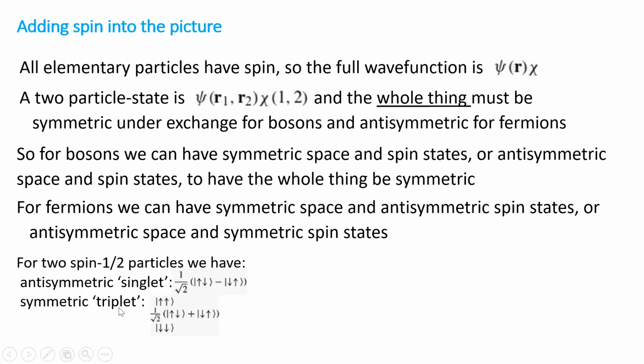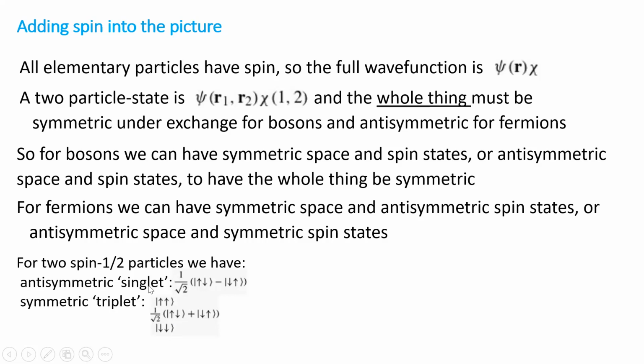On the other hand, there's 3 ways to combine two spin 1/2 particles that are symmetric. We can just have them both be spin up, because if we switch them, we still have both spin up. We can have normalized 1/√2 (spin up, spin down plus spin down, spin up). If we switch those two, we get the same thing, so that's symmetric. Or we can have spin down, spin down.